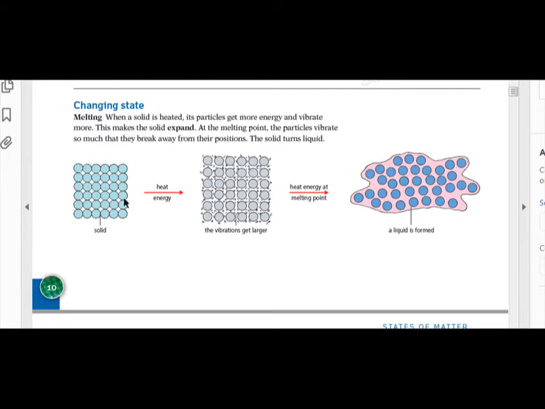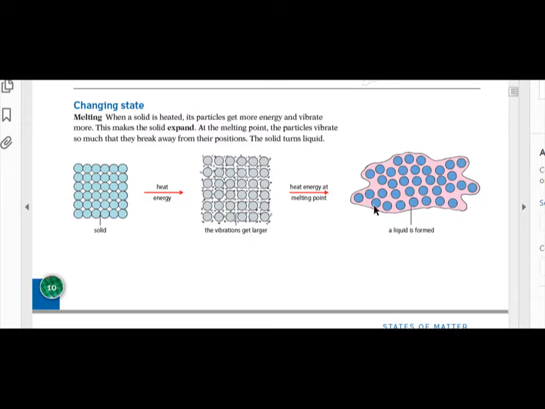But if you heat the particles, the vibrations get larger, and if you heat a solid to a certain temperature, which is called the melting point, a liquid can then form. For example, changing ice to water.